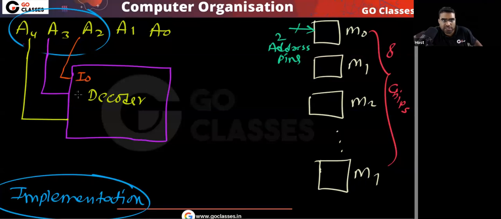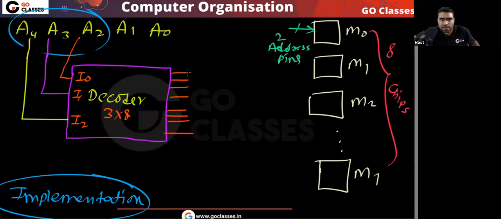So basically you will take a decoder with inputs I1, I2. This will be a 3x8 decoder. These output lines you will connect to what?